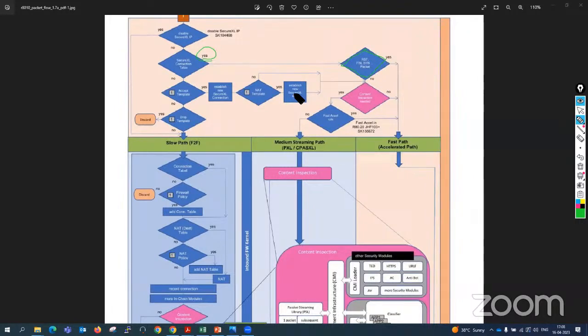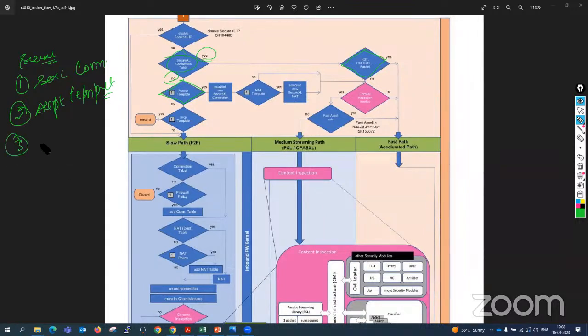But what if there is no entry? Then it will check the accept template, like is there any entry in the accept template? So what does SecureXL do? SecureXL maintains one SecureXL connection table, right? Which we have seen over here. The second table it maintains is called the accept template.